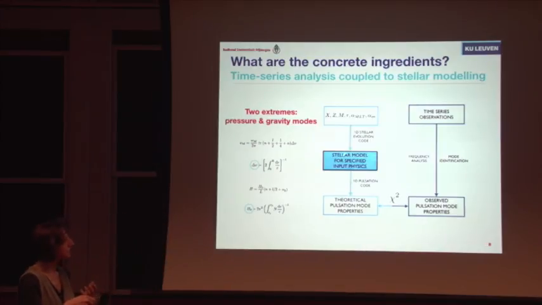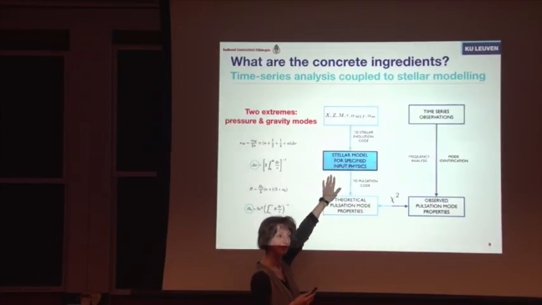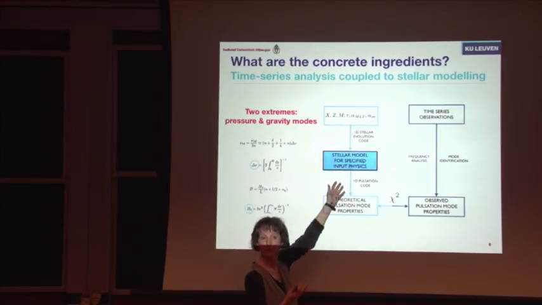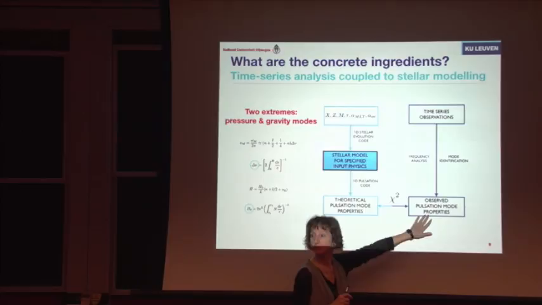So assuming that we are perfectly aware of the input physics inside stars, and this is an illusion, this blue box, but anyway, that's what people who use the outcome of stellar evolution models assume. We can compute the theoretical pulsation frequencies, and we couple these to the observations.